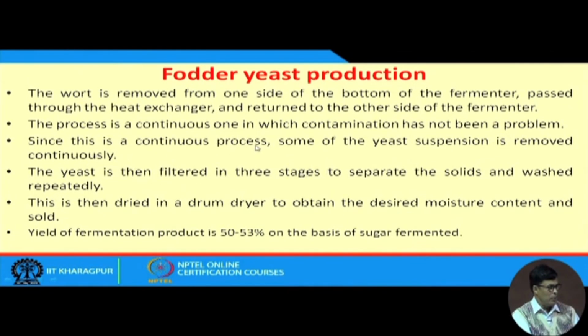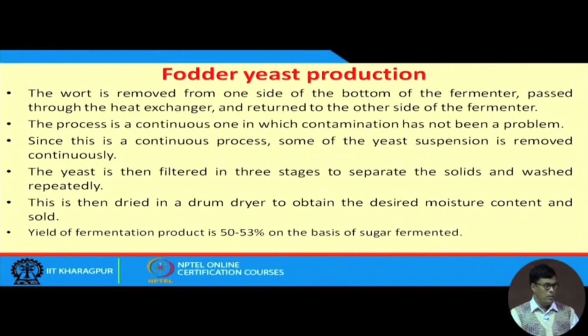Since this is a continuous process, some of the yeast suspension is removed continuously, and the yeast is then filtered in 3 stages to separate the solid and washed repeatedly. This is then dried in a drum dryer to obtain the desired moisture content, and then it is sold. The yield of fermentation product is about 50 to 53% on the basis of sugar fermented.